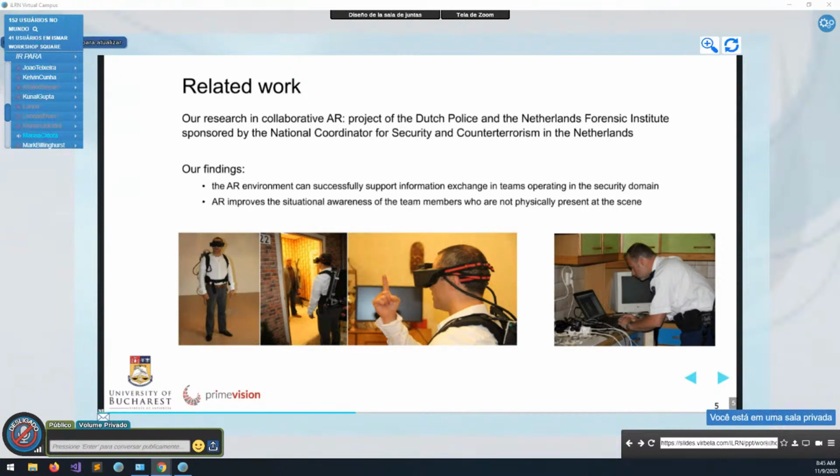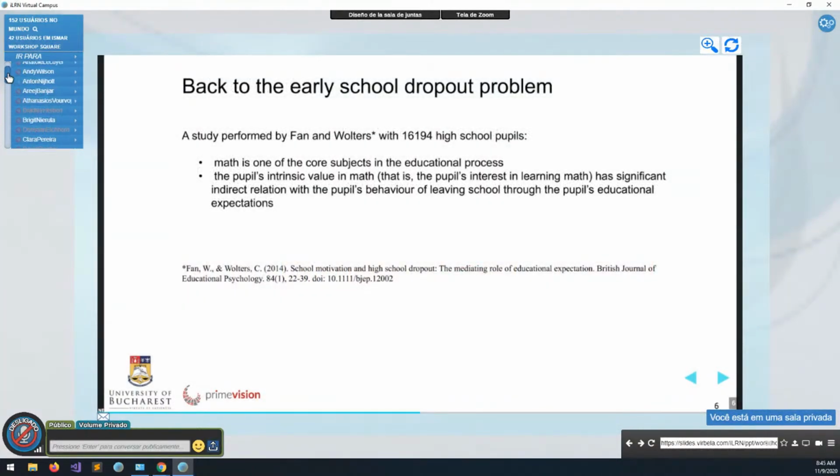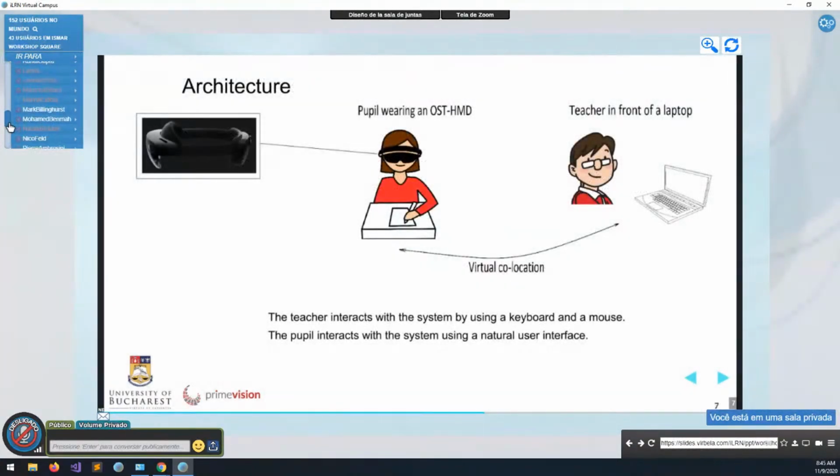Usually when you have to learn math, it is better to write on paper, to write the proof, or to make some arithmetic operations. So we were trying to imagine a setup where the child could receive help while solving a math exercise.